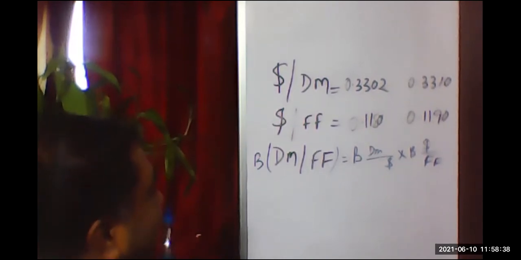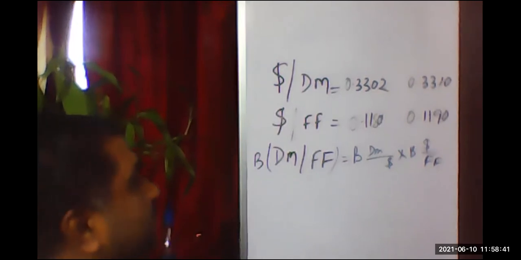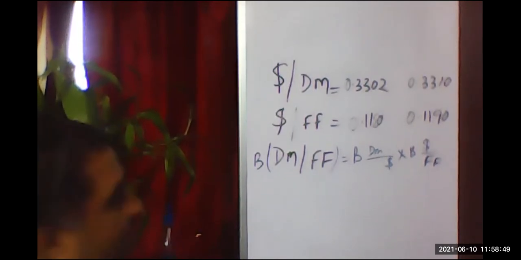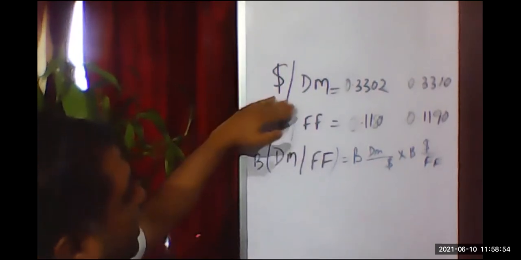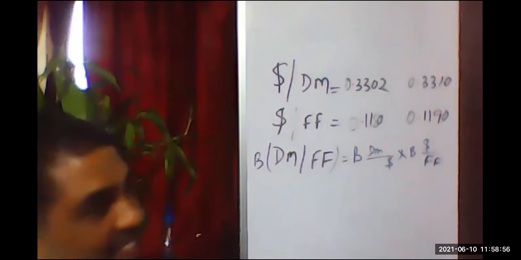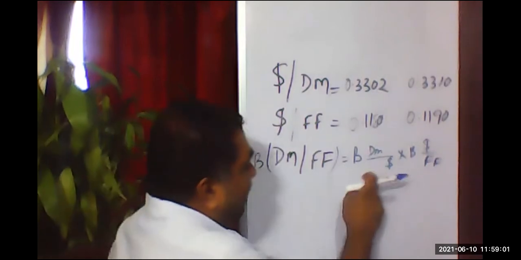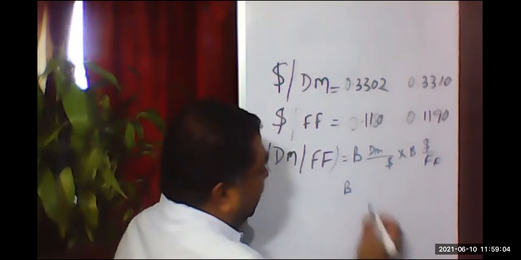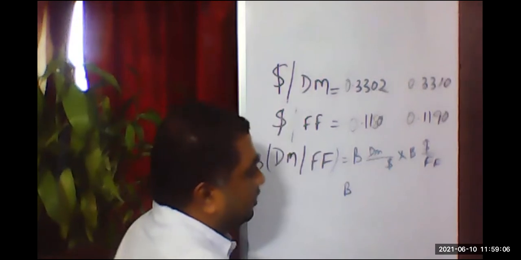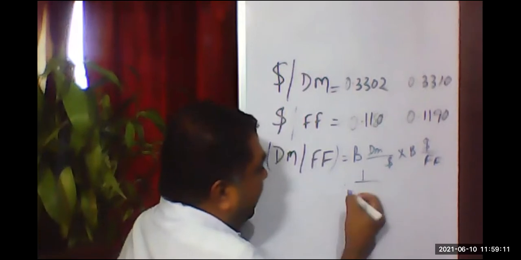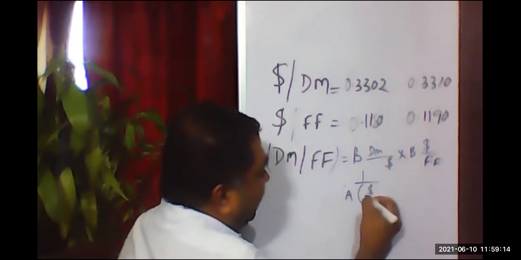Now first we'll see bid DM by dollar. Bid DM by dollar is 1 divided by ask dollar by DM.